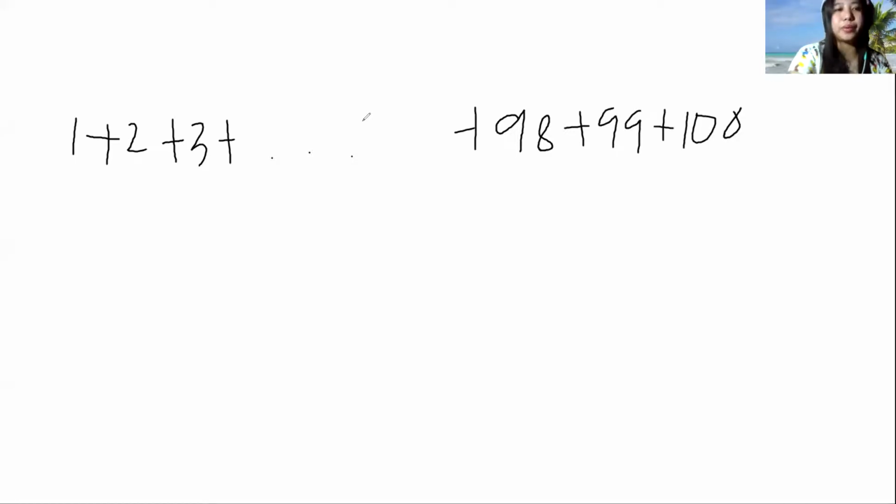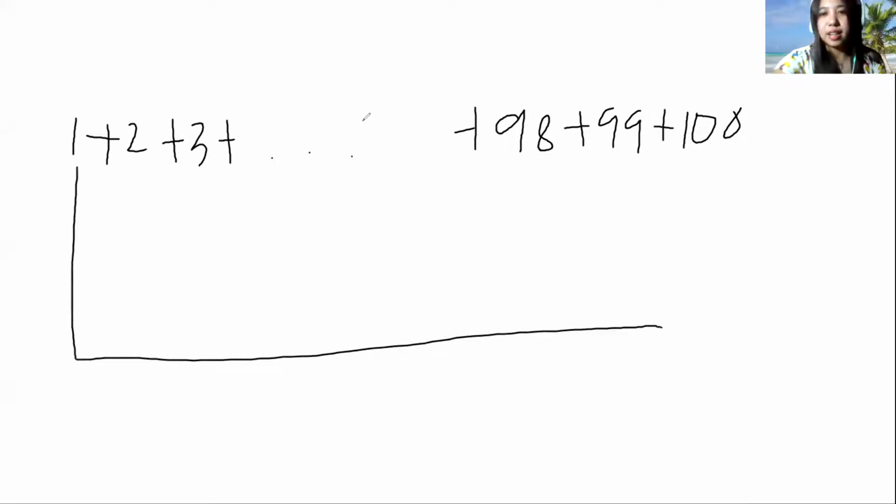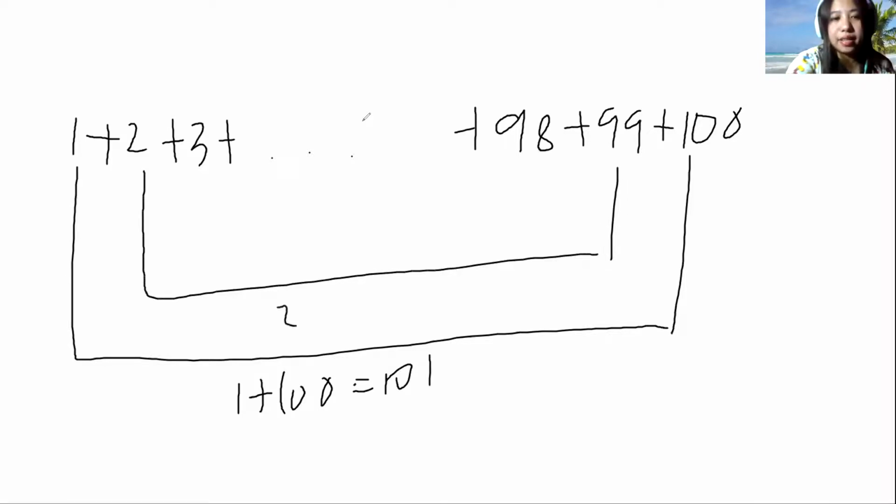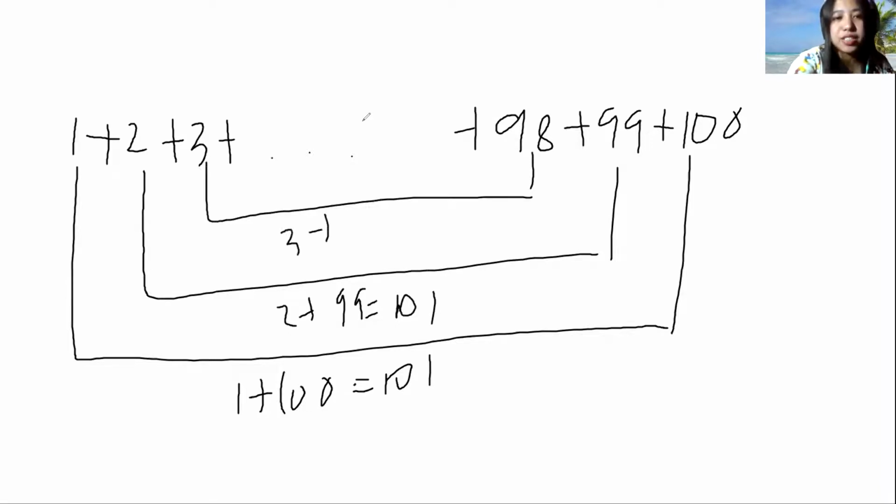Now, if we consider the sum of the first and the last number, 1 plus 100, this is equal to 101. If we also add 2 plus 99, the result is also 101. 3 plus 98, the answer is, of course, 101. 4 plus 97 and so on, the result will always be 101.